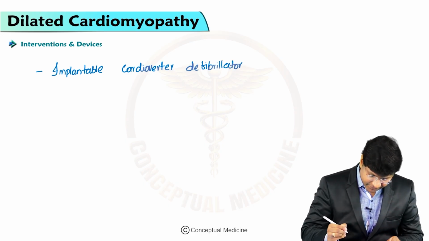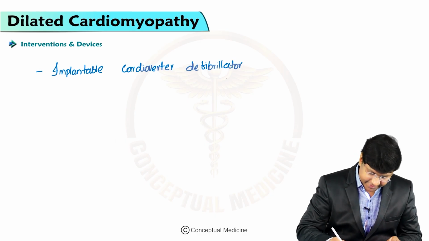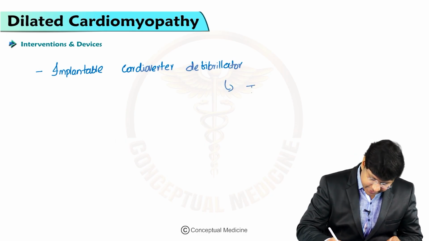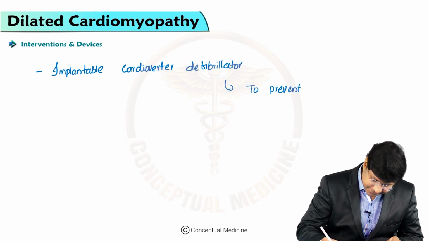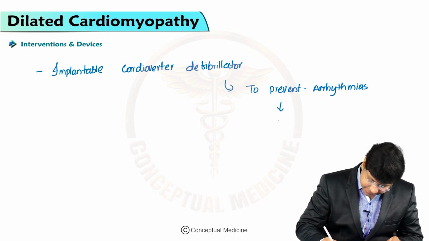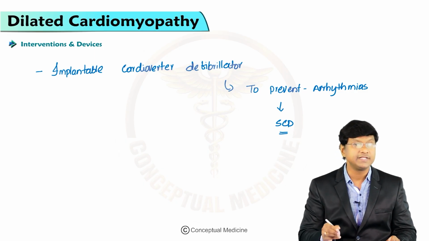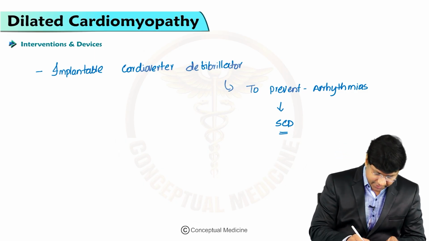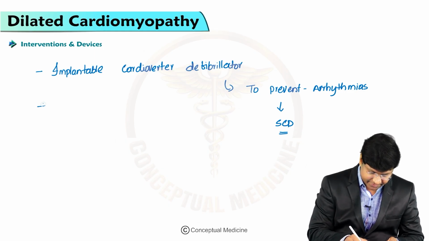The purpose is to prevent the development of arrhythmias and thereby to prevent sudden cardiac death. So this is one of the devices which is required in patients with dilated cardiomyopathy.